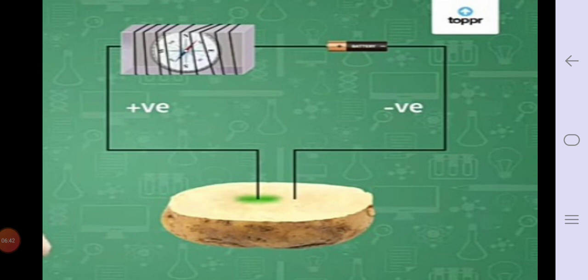When he came back after half an hour, he noticed that there was a greenish blue spot on the potato around one wire, whereas there was no such spot around the other wire. So the greenish appearance was only at the positive end of the circuit, and at the negative end there was no change.